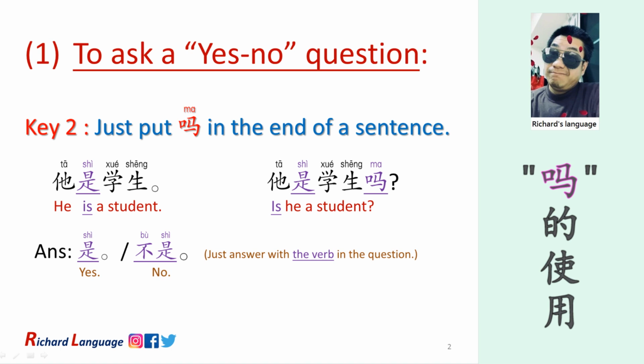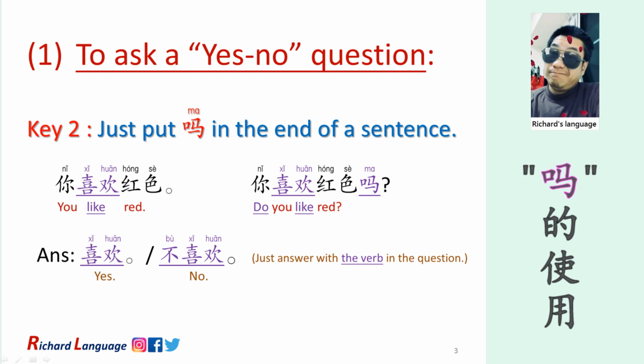For example, 是 is the verb, and you just answer 是, which means yes. And you can say 不是, which means no. So this is the way we answer the yes-no question in Chinese.